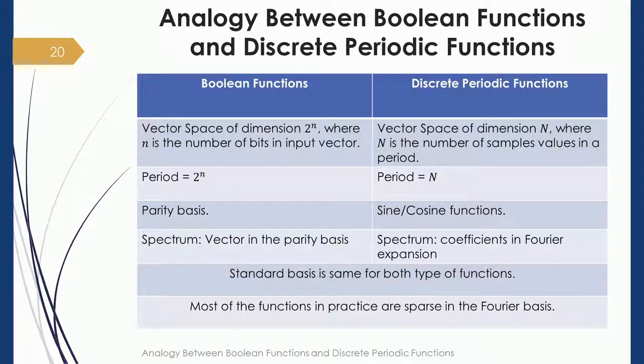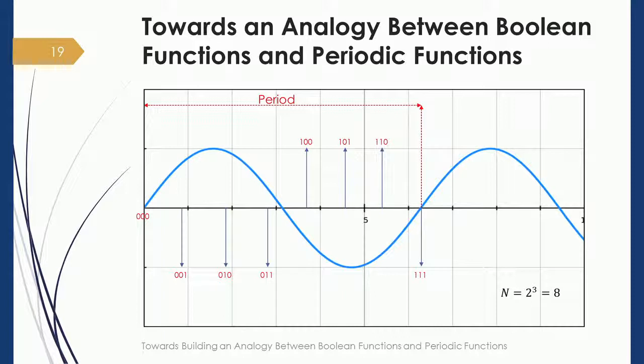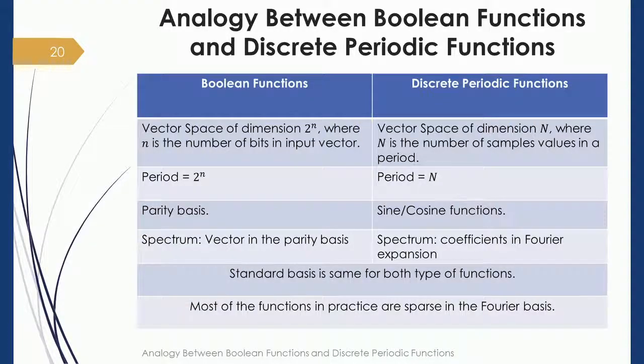And if we look at this figure that builds the analogy between Boolean functions and periodic functions, we notice that a period in the context of discrete periodic functions is going to be uppercase N, but if that is encoded as 2 power n points at which we sample the periodic function, then the Boolean function can be viewed as having a period of 2 power n.